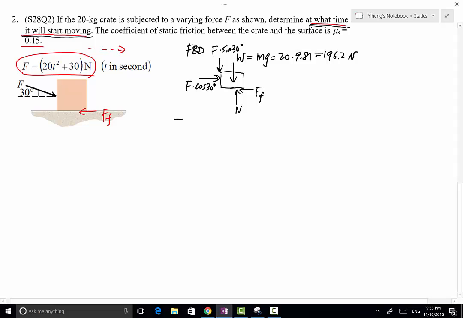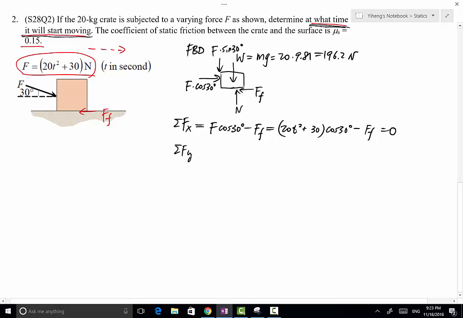Therefore, we can still write our resultant force along the x direction. That equals F cosine 30 degrees minus F_f, and that equals 20t squared plus 30 times cosine 30 degrees minus F_f, still 0.